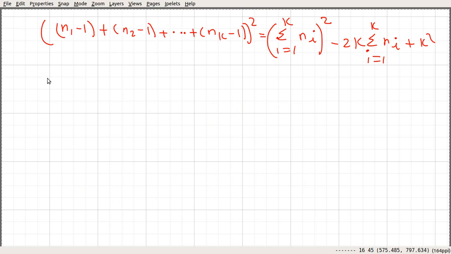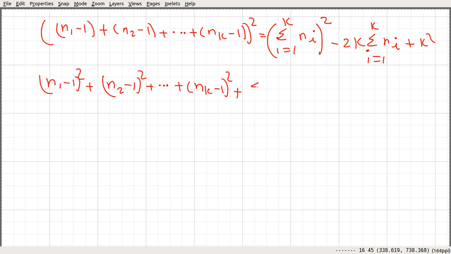So this is nothing but n1 minus 1 squared plus n2 minus 1 squared, etc., up to nk minus 1 squared, plus the cross terms.